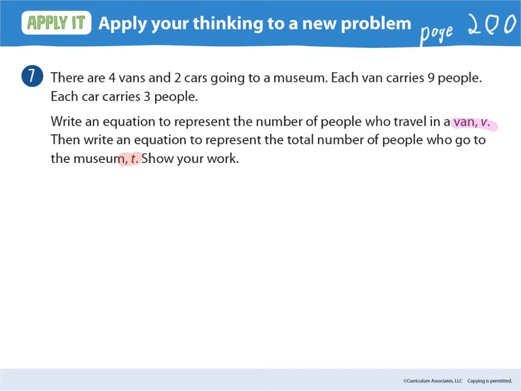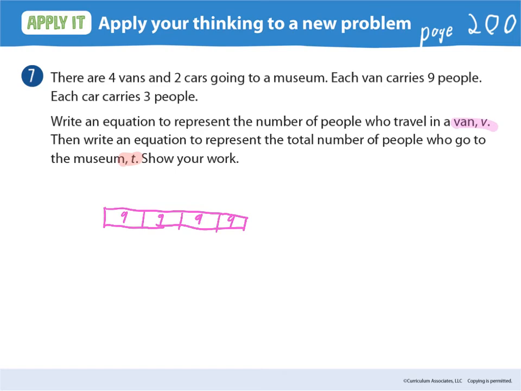And I like the bar model idea, right? So there's 4 vans and 2 cars going. So if I have 4 vans, there's my 4 vans. There are 9 people in each one. Good for them.